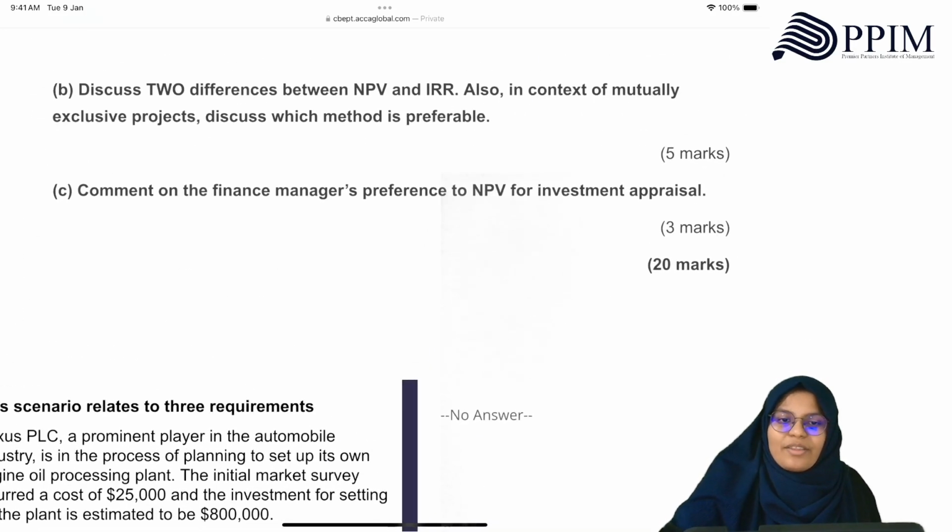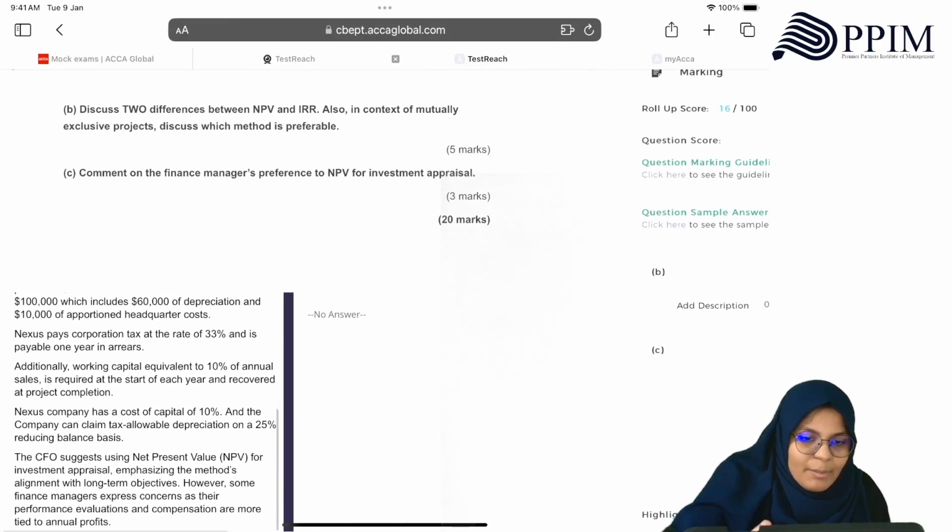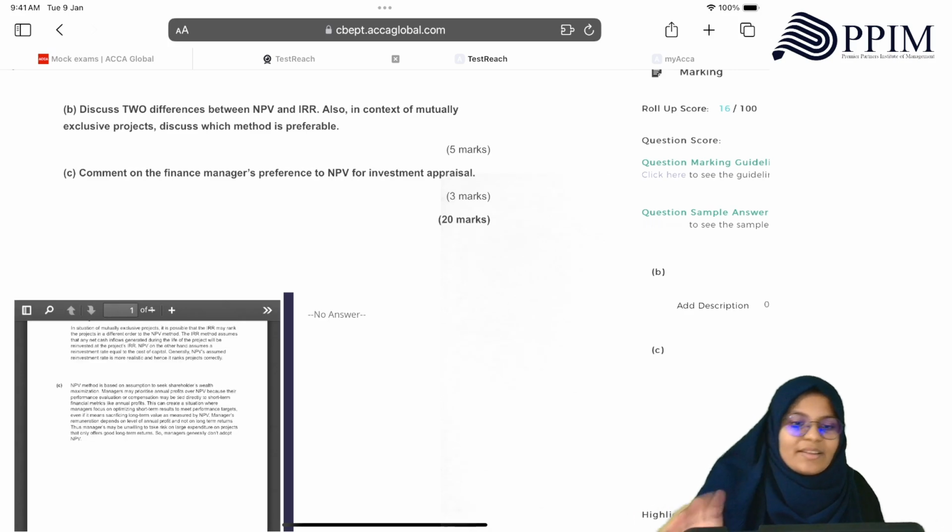Then they are saying comment on the finance manager's preference for NPV. Why does he prefer NPV compared to other methods? So he is saying for investment, the method is aligned with long-term objectives. Okay, so let's see what they are saying here.